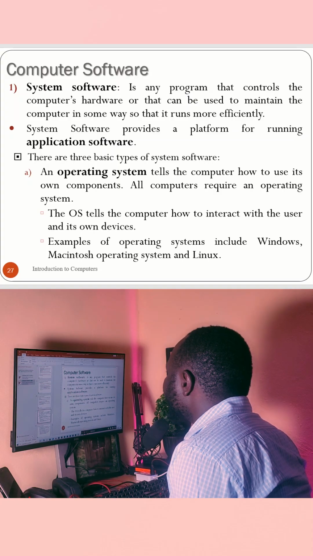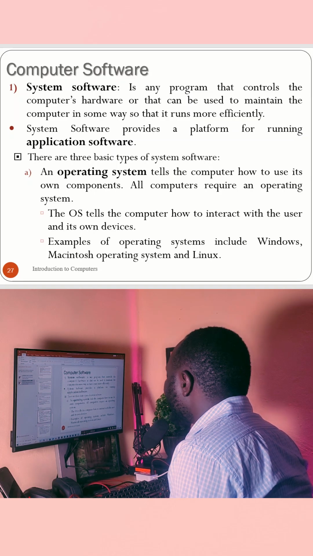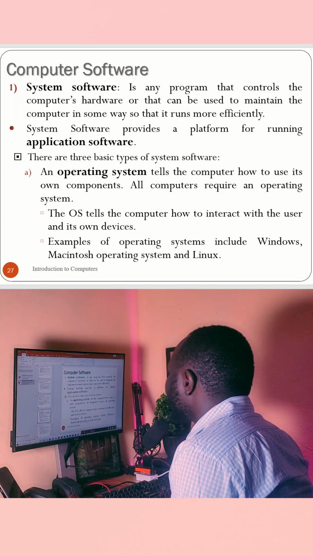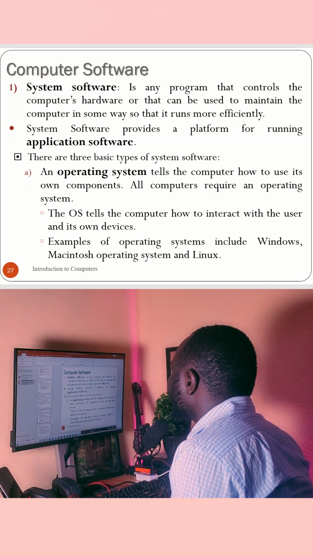For you to be able to partition it or break it into two, let's say local disk C and local disk D, whereby local disk C is for your operating system and local disk D is for your data backup, you need an operating system, which comes with the utility programs that you're going to use to achieve that.